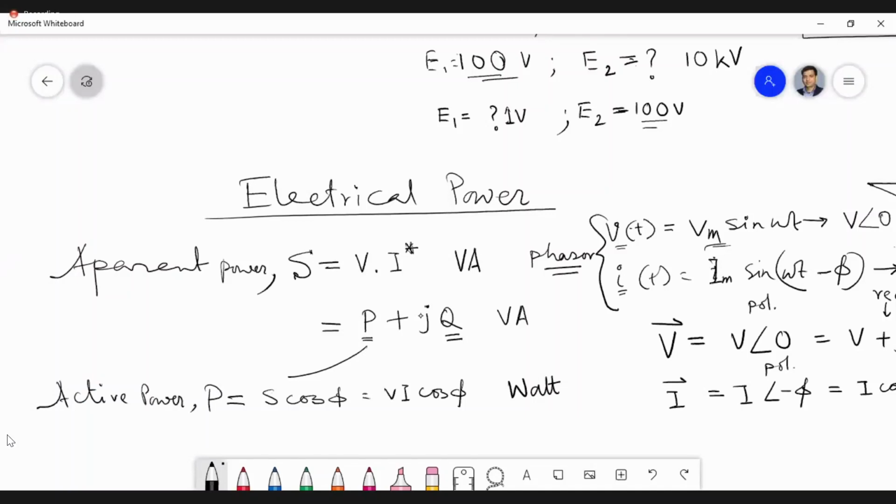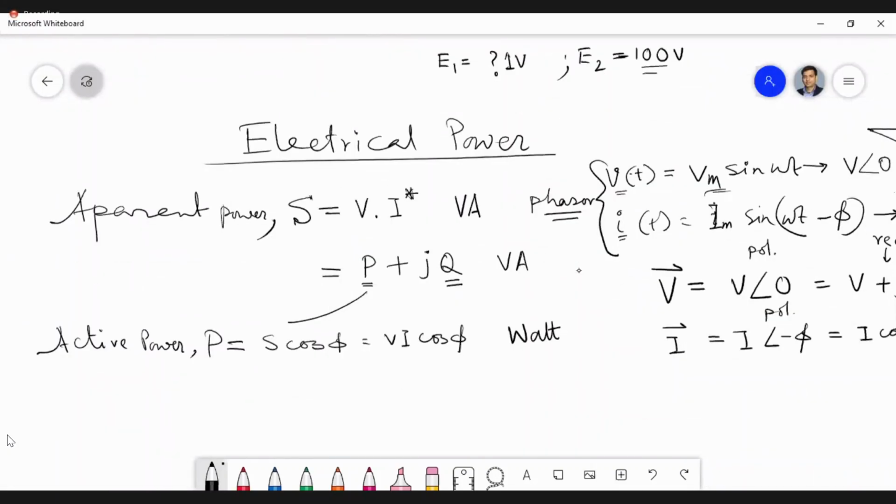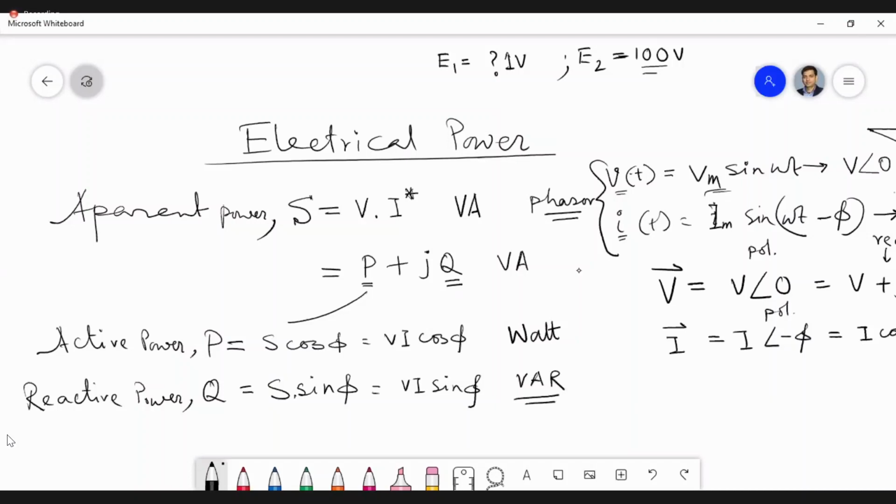You are familiar with this power only. You don't have exposure to the other powers. And Q, which is the imaginary part of the same apparent power, is S sin phi, or VI sin phi. This is called the reactive power, and it has the unit of volt ampere reactive, or var.